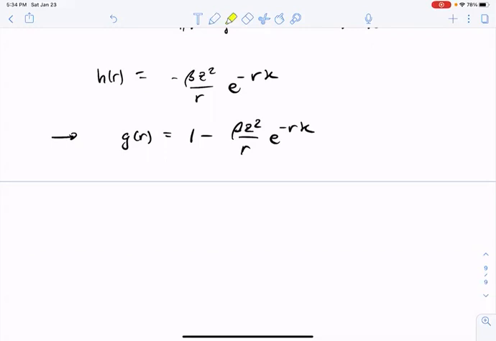So note, of course, z squared over r is the Coulomb potential in units of beta, the natural energy unit. But in addition to that, we have an exponential dependence, an exponential screening. This is kappa. And so kappa inverse is naturally associated with a screening length.